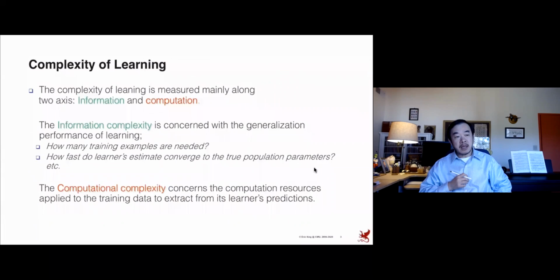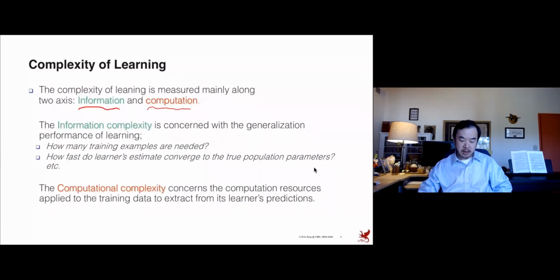Two of the main aspects of core interest in describing generalizability is the notion of cost. There are two particular axes of the cost that are particularly interesting. One is known as the information cost. The other is known as the computational cost.